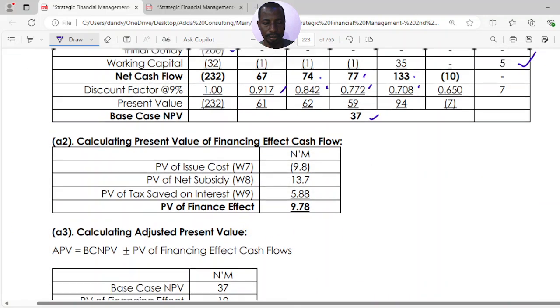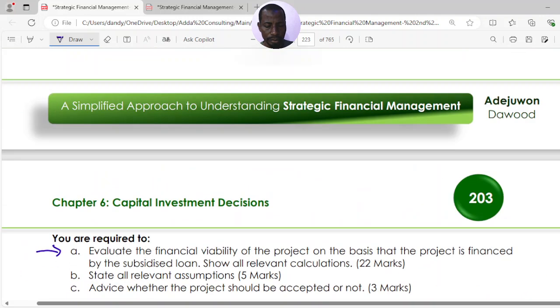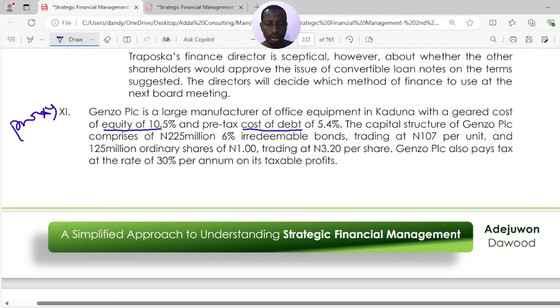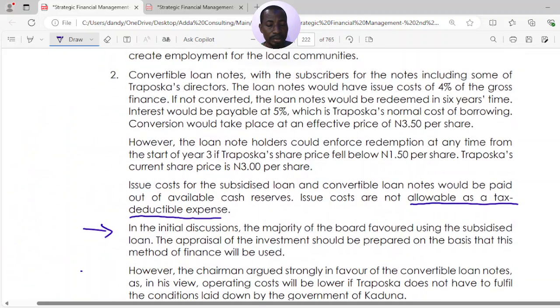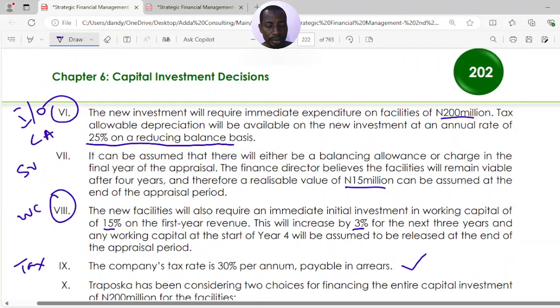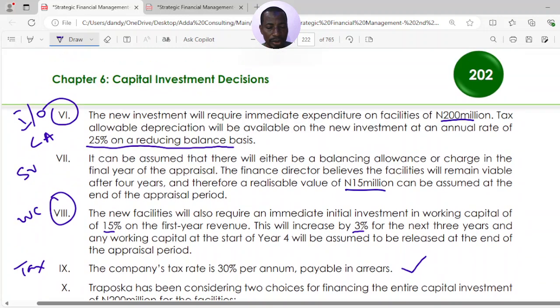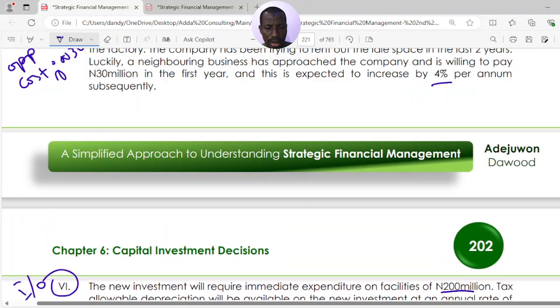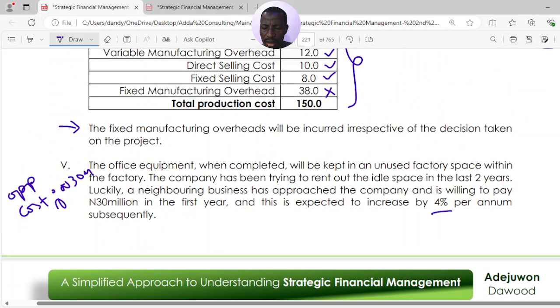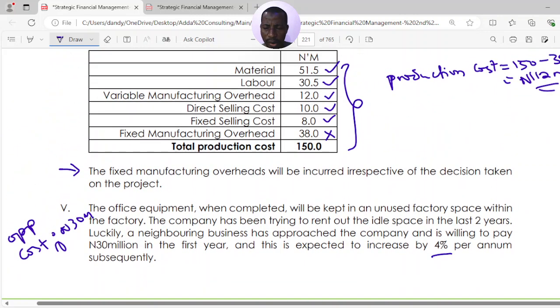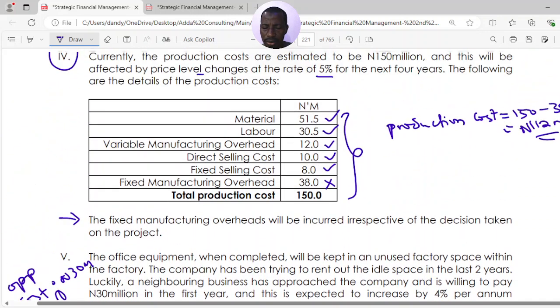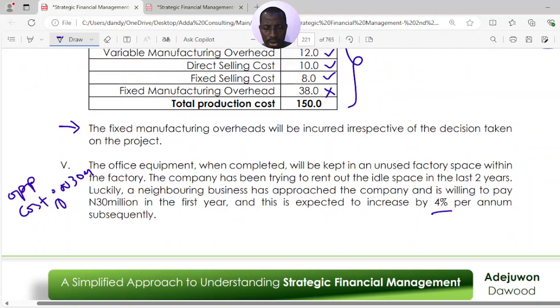So, the cost of borrowing for the main company. The main company is Traposca. What's the cost of borrowing? So go through the question. Let's identify the cost of borrowing. The examiner has told us where we have issue costs.